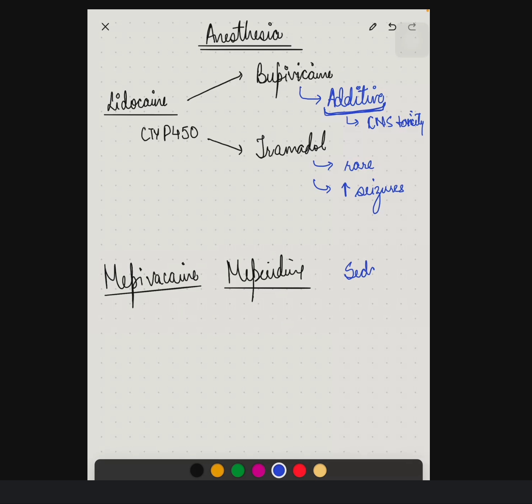So sedation caused by meperidine increases the risk of toxicity. So it is recommended to reduce the dose of anesthesia in both the interactions.